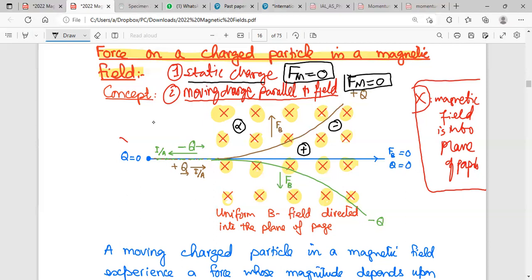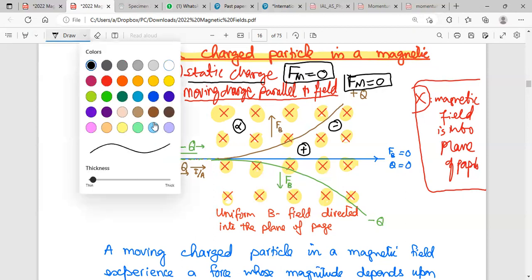Okay, the next scenario is one in which the charge is going to experience the maximum force. That scenario is that if a charge is moving perpendicular to the field, the way this charged particle is coming, it is coming perpendicular and entering the magnetic field at a right angle.